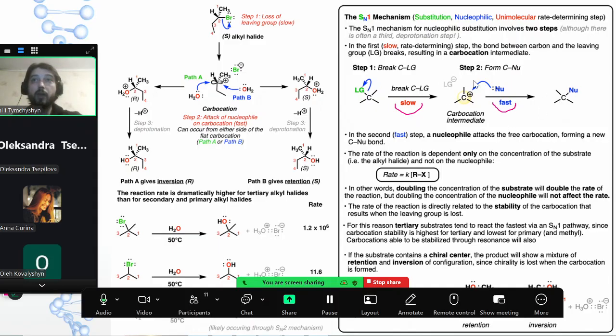If you have this carbocation intermediate, you immediately get the product. The problem is the first step, so you should wait until this leaving group leaves. So basically the overall speed of the reaction is the speed of this slow first step.